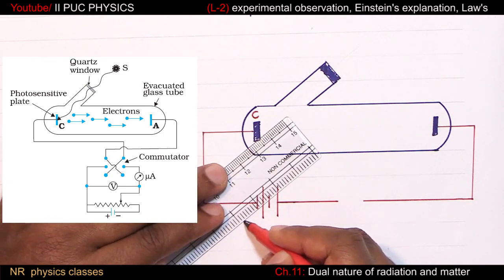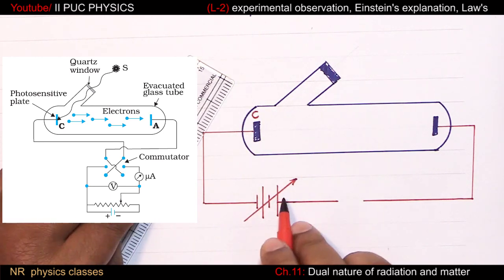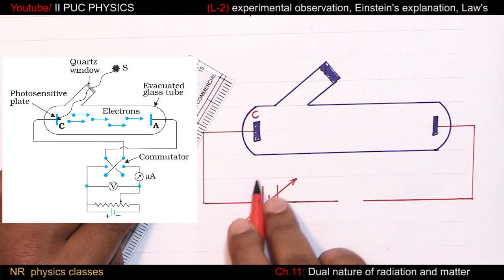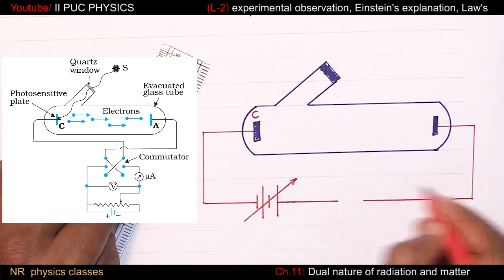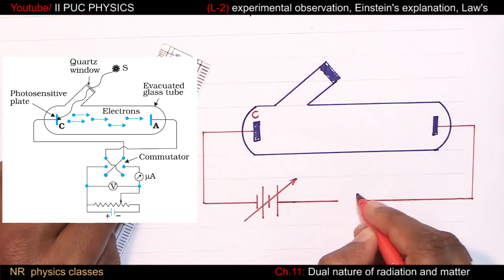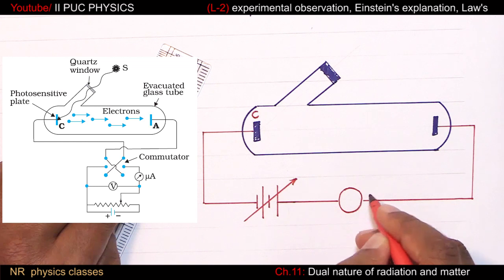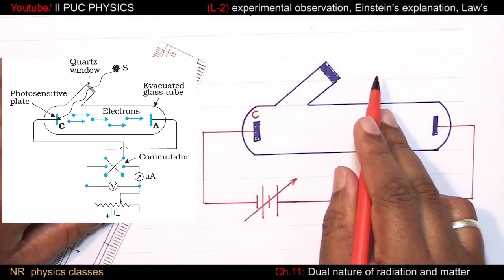And this symbol represents a variable source. This is a battery. Along with this arrow, this represents a variable voltage source. To measure current through the external circuit, an ammeter is used. Usually, the current involved in photoelectric effect is very small.